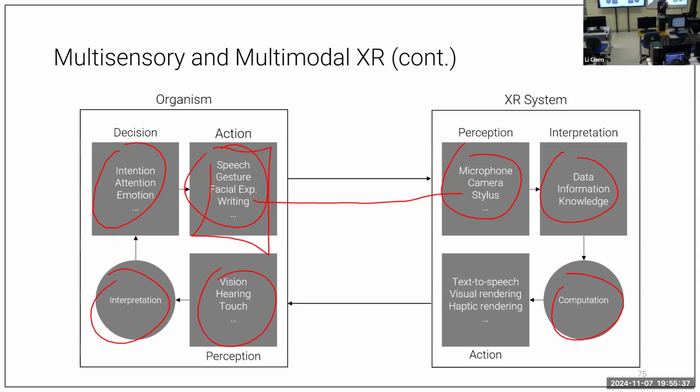So for example, if you want to let the avatar somehow, not an avatar, it's an agent, right? So it's a computer program controlled virtual character. So you want the agent to reply to the user's speech using language as well, right? So we have to consider how to do, for example, speech to text and text to speech, right? So most of the large language models we use nowadays can only accept input as text and also output as text.